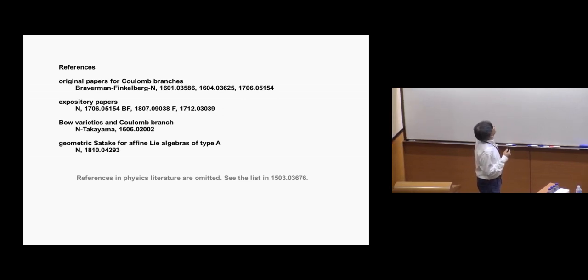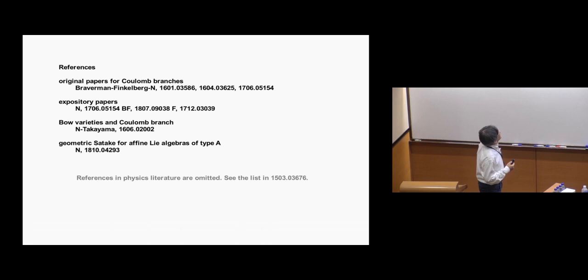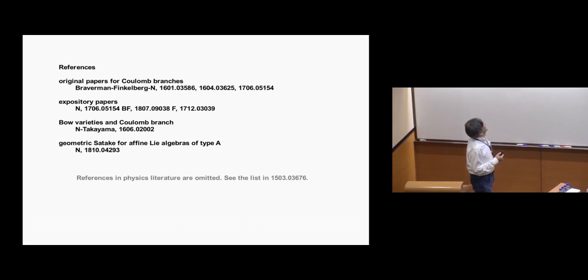Together with Braverman and Finkelberg, we wrote 3 papers on Coulomb branches. These are the original papers. And we wrote expository papers, one by myself and a second by Braverman and Finkelberg. And also Finkelberg wrote an article for the proceedings of the ICM. So this is also another expository.